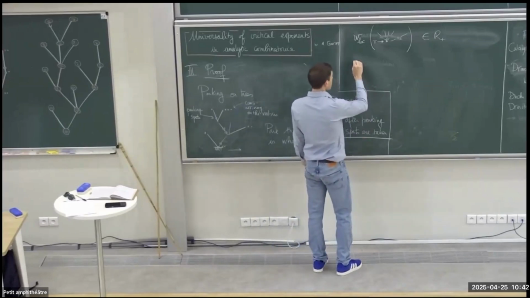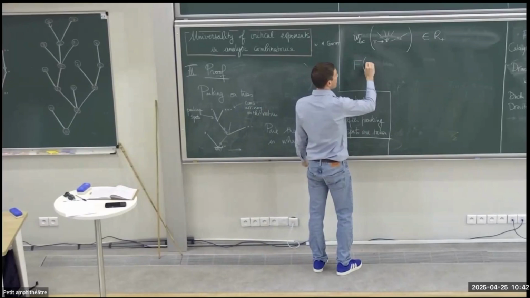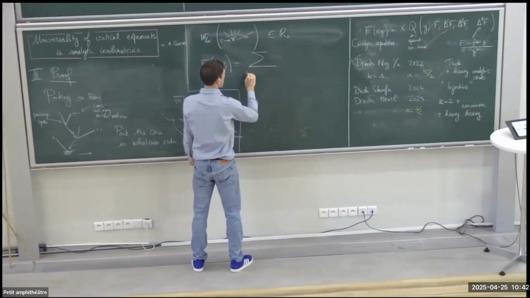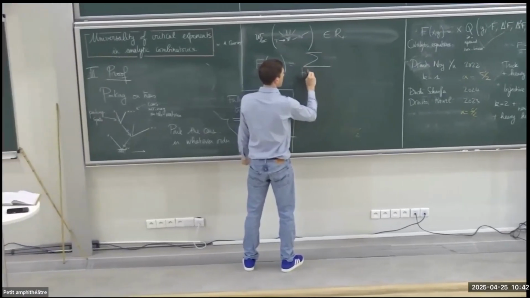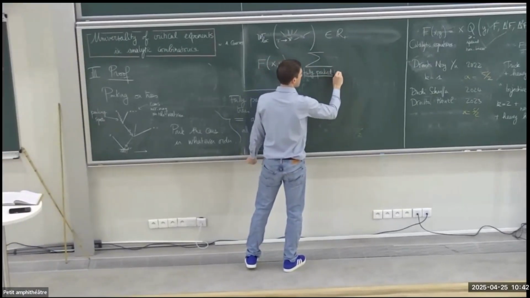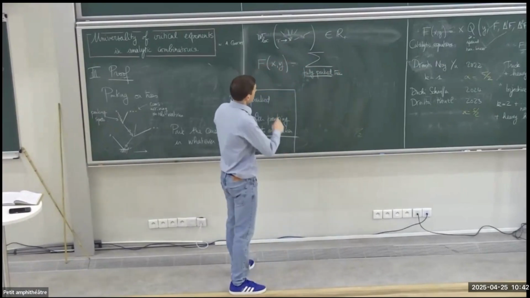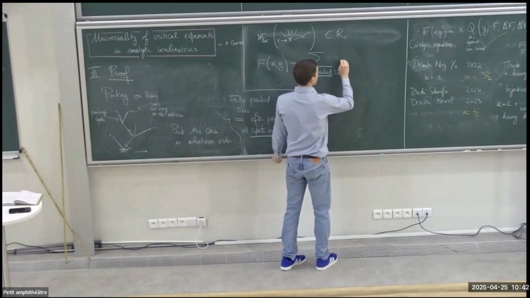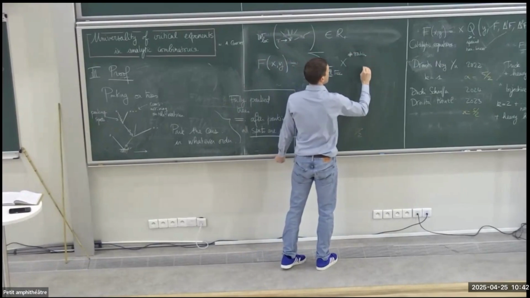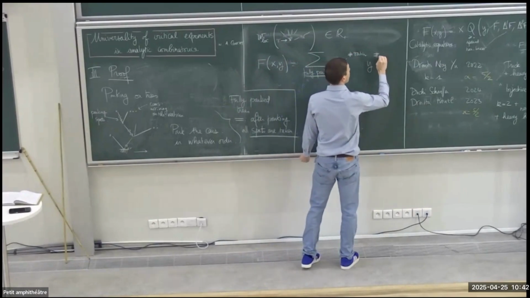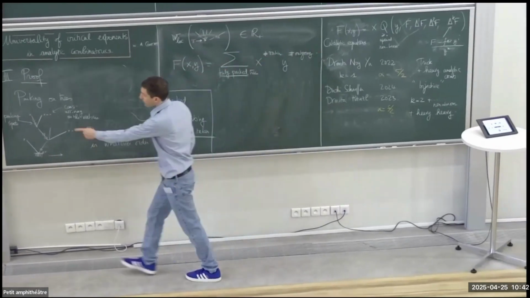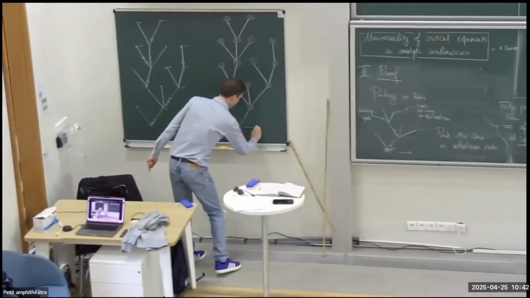And now I will form my generating function, f of x, y. I will sum over all fully packed trees, I insist. I will count x to the size of the tree, the number of vertices. I will count y to the number of outgoing cars. So the number of outgoing cars here is 5 in this case.